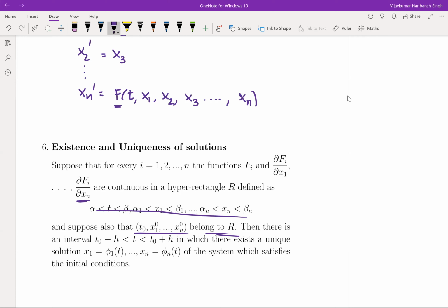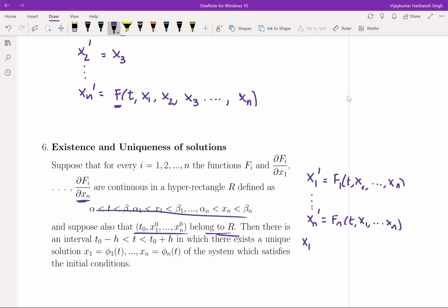So let's demystify this slightly. What do we have to start with? What are these fi's? You start with x1 prime equals f1 of t, x1 all the way to xn, and then you have xn prime equals fn of t, x1 to xn, and you're given the initial condition at t naught.